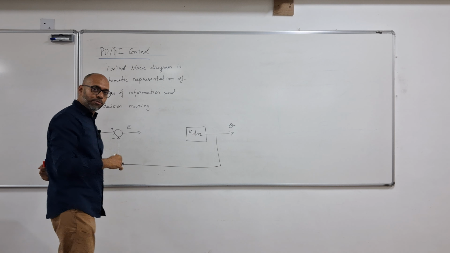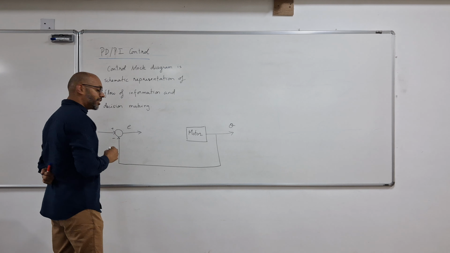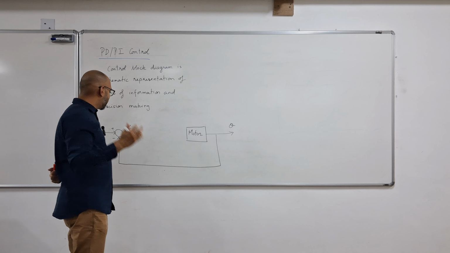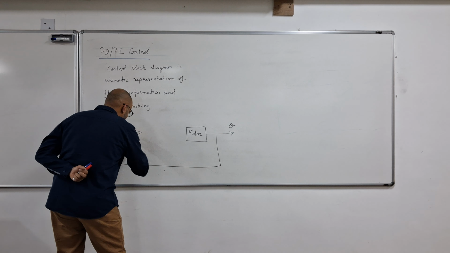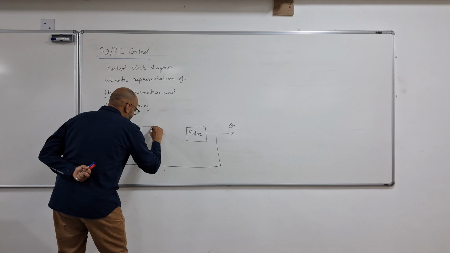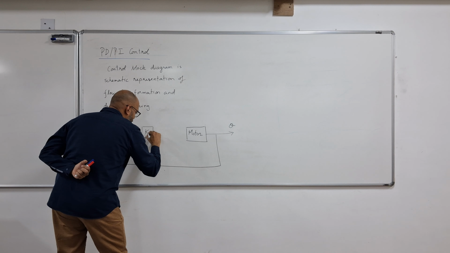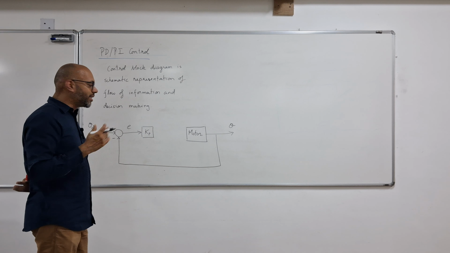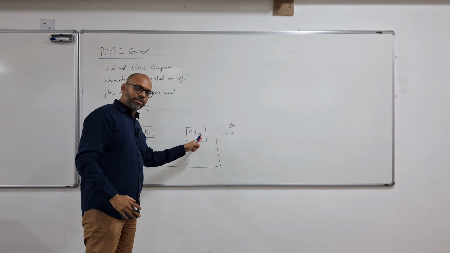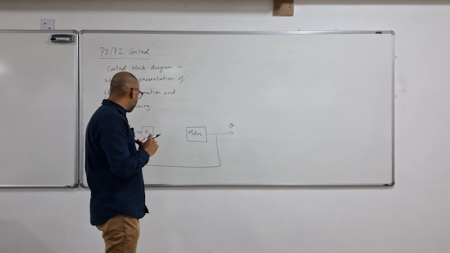And if you are doing a proportional derivative control, this will again have two components. The first component takes the error and simply multiplies it by a proportionality constant, kp, and then decides how much torque to apply on the motor.